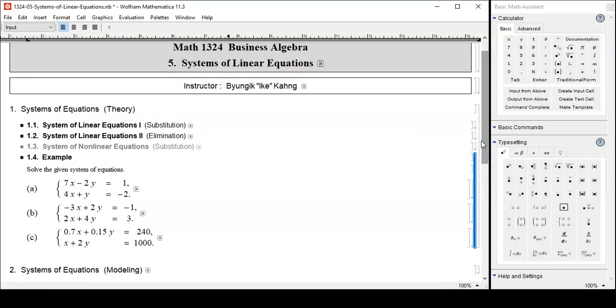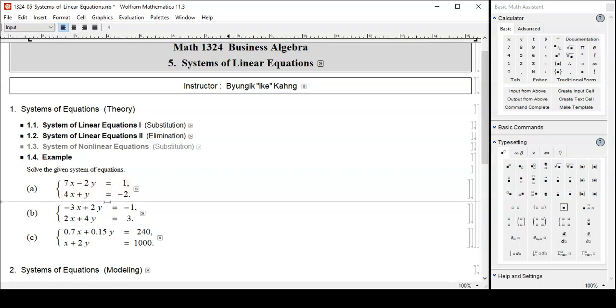Let's see, do we have enough time for elimination? Well, let's see. Let's go with the first problem.